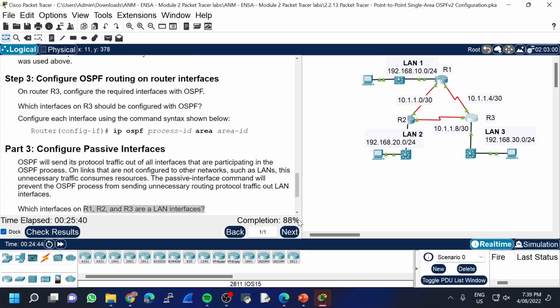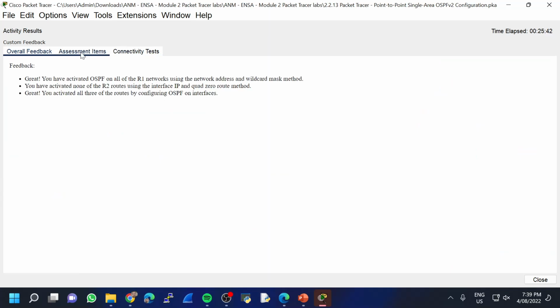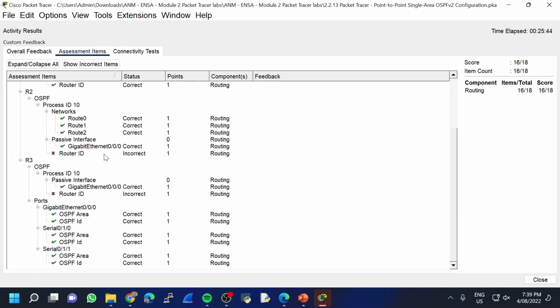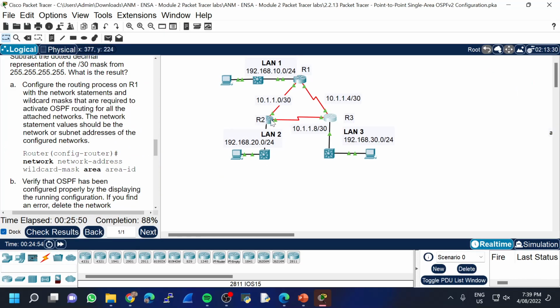Probably missing something still. Did we assign router IDs? We did. Forgot the router ID on router 2 and router 3. I think I've done that, because I removed the OSPF.